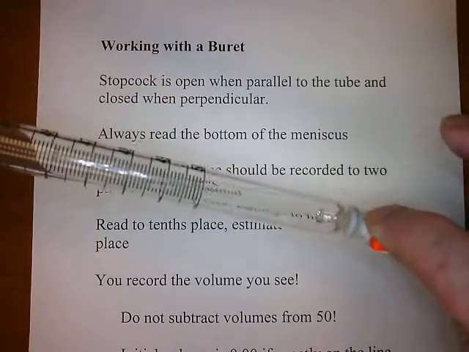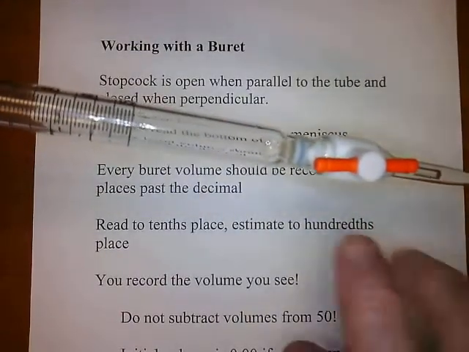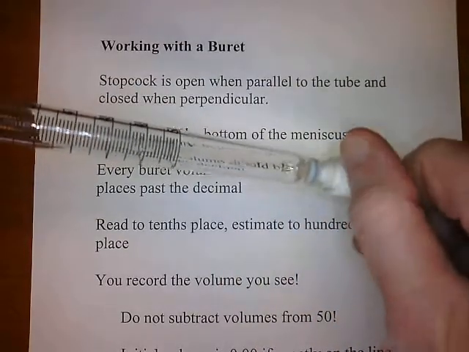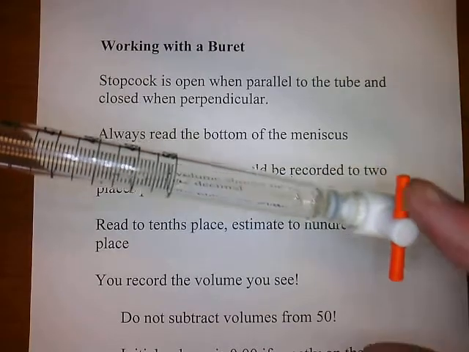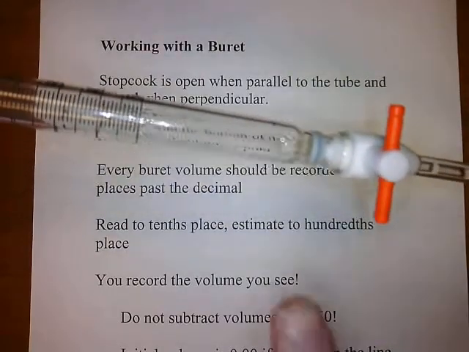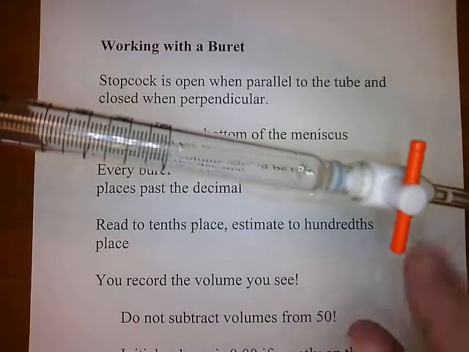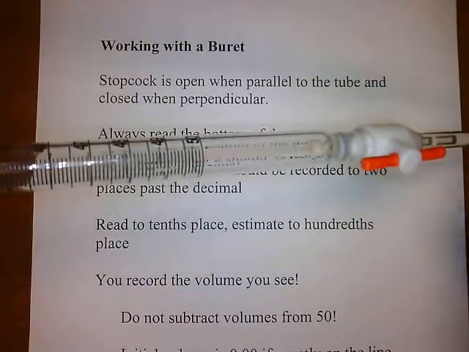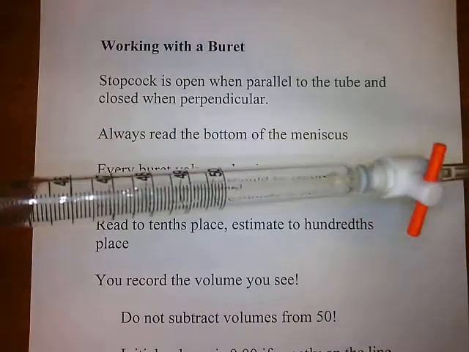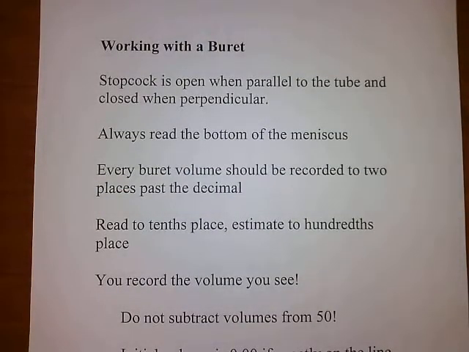So that's open, and that's closed, right? When you start to fill up your burette, you want to be sure it's in the closed position. That needs to be closed. One more time, parallel is open, perpendicular is closed.